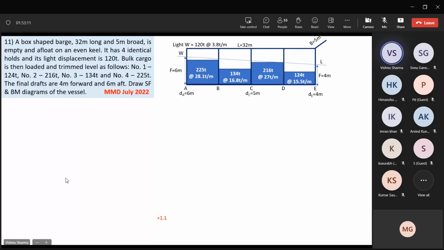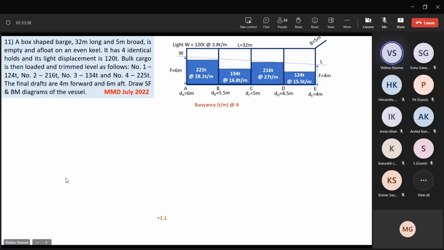If C is 5 meters and A is 6 meters, what will be B? 5.5. And D? 4.5. Yes, you can write 4.5 like this. Now, what will be the buoyancy per unit length at point A? This will be the weight of the water that will be displaced.